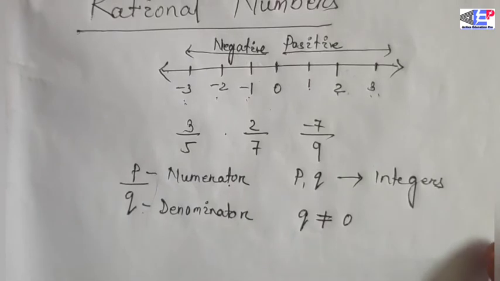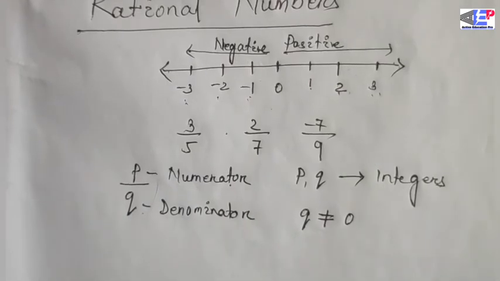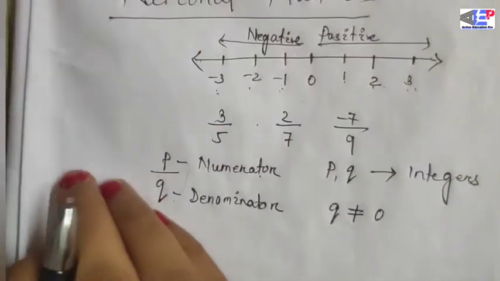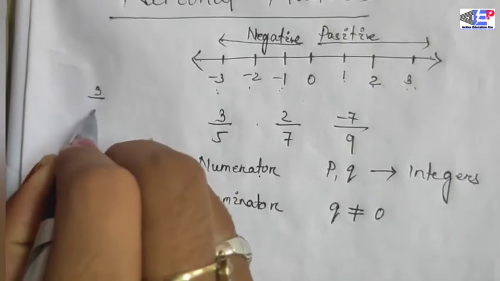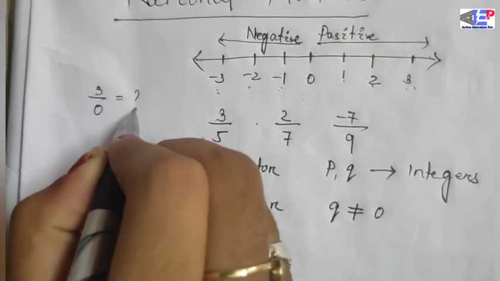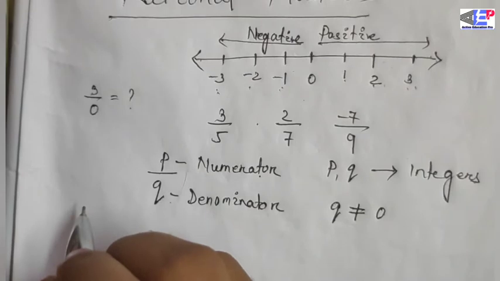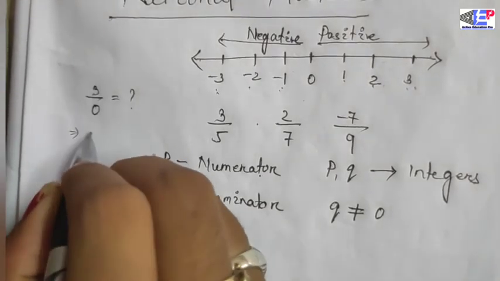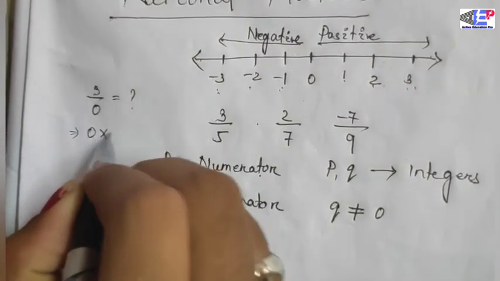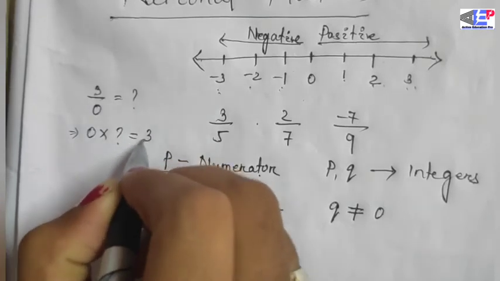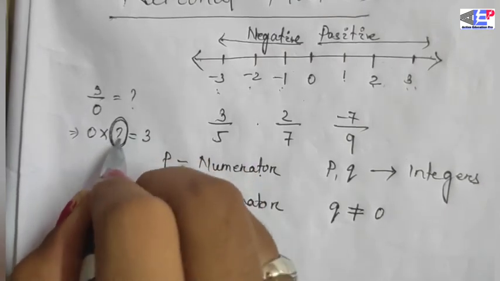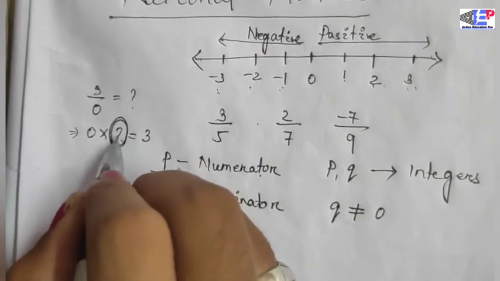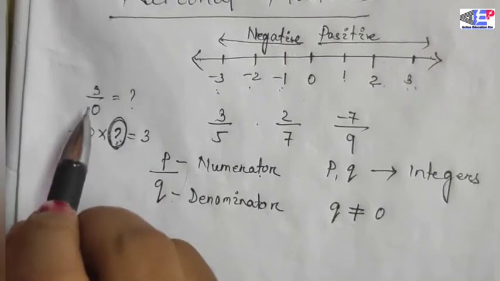The value of q, the denominator, should not be 0. Because if the question is 3 by 0, what is it? Multiply such a number with 0 which gives the answer 3. You can get such an integer to replace at the question mark. Again, I repeat this question.